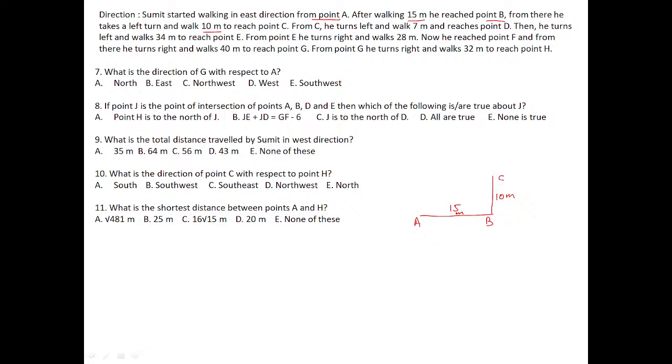From point C, he turns left and walks 7 meter. From C, he turns left and walks 7 meter, right? And reaches point D. This is point D. Okay. Then he turns left and walks 34 meter to reach point E. Again turn left. So D now moves to southward direction.